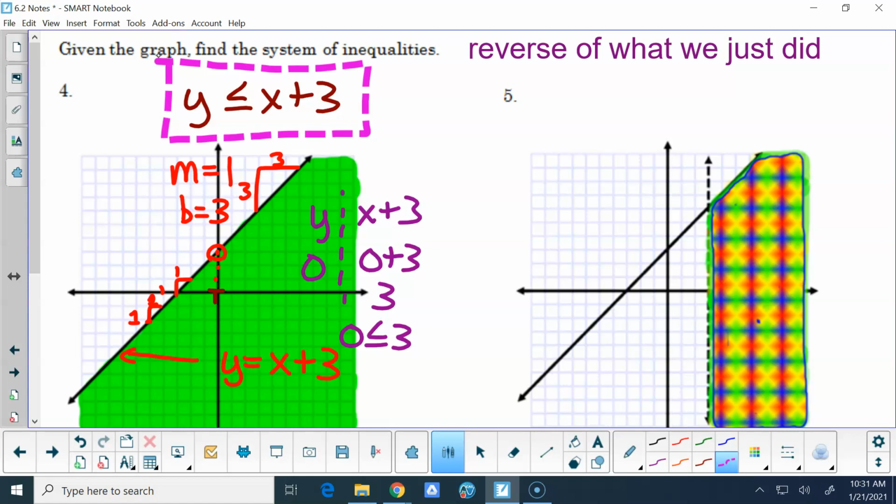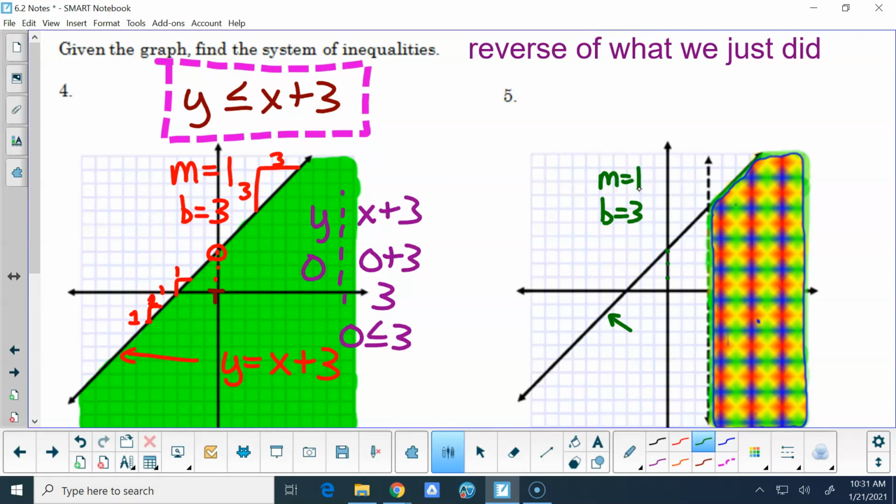Let's try another one. It appears this one right here is once again 1, 2, 3. It's got a y-intercept of 3. I would say that it's got a slope of 1.